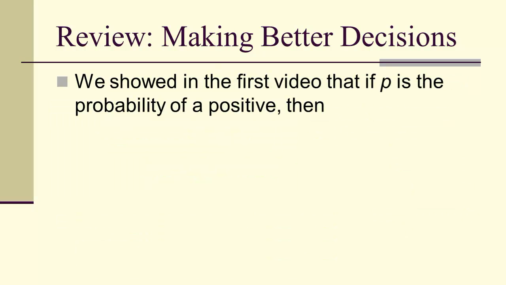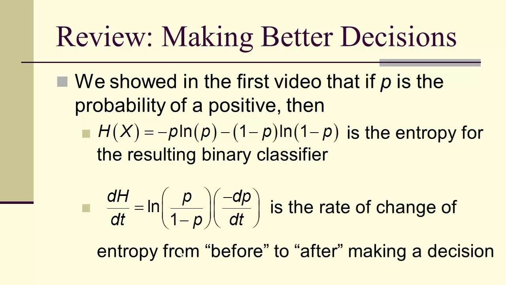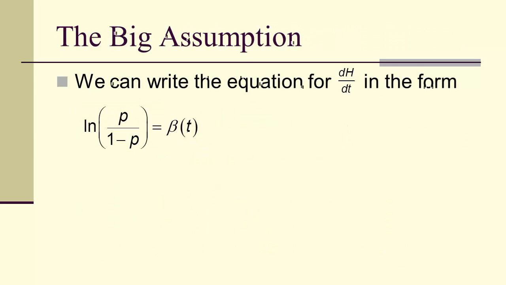We showed in the first video that if P is the probability of a positive, then this is the entropy for the resulting binary classifier. And the rate of change is the rate of change of entropy from before to after. And we're going to write this dH/dt.